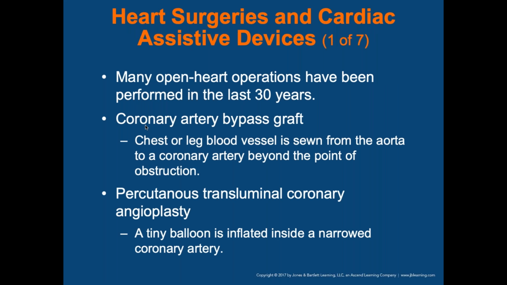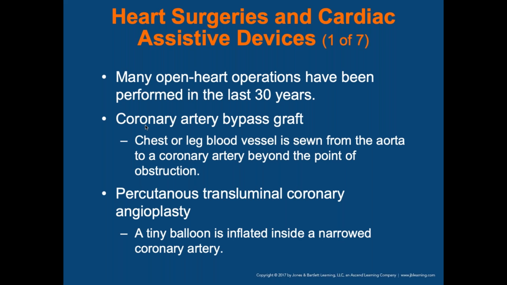All right, so back to heart surgeries and cardiac assist devices. Many open heart operations have been performed in the last 30 years. So coronary artery bypass graft, or CABG, C-A-B-G, is where a chest or leg blood vessel is sewn from the aorta to a coronary artery beyond the point of obstruction.